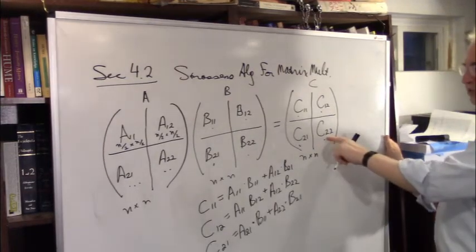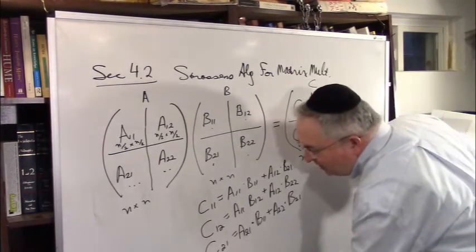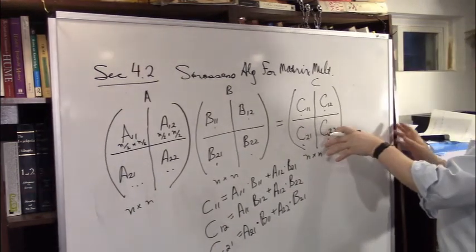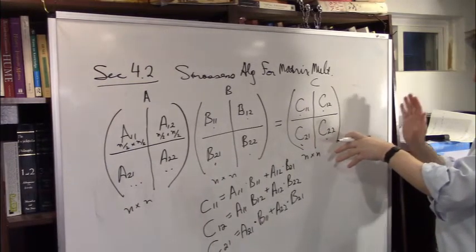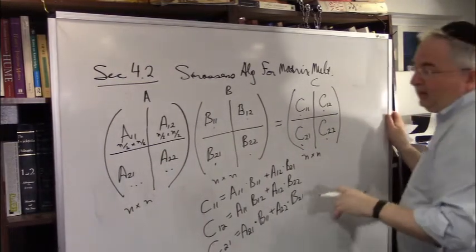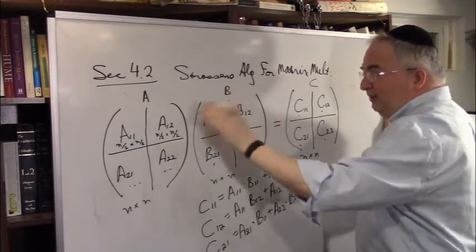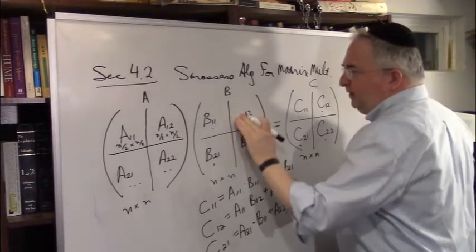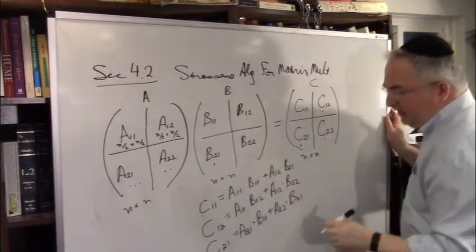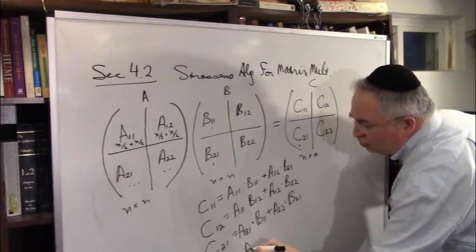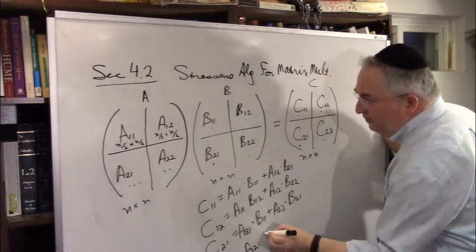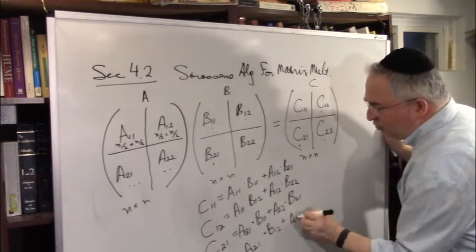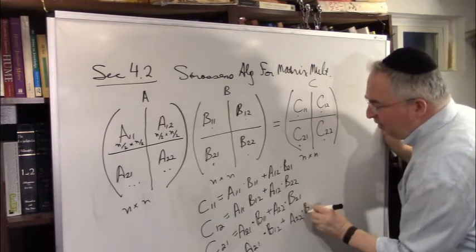And finally we have to do this last one, C22. It's the bottom right block, and so it's going to consist of the right column, the bottom block. That's a B, by the way. So that's going to be A21 times B12 plus A22 times B22.